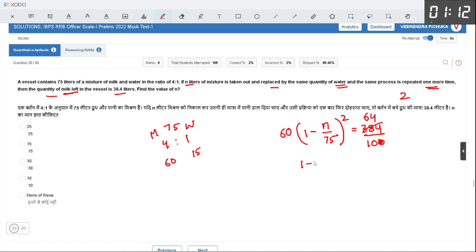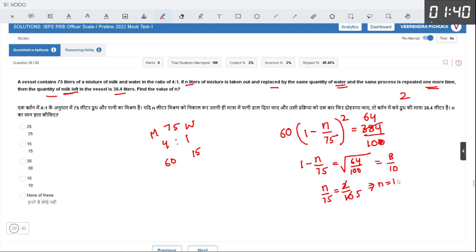This means 1 minus the removed part, 5, equal to root of 60 by this. The 0 becomes here, 100 will become 10. 1 minus 8 by 10 is 2 by 10.